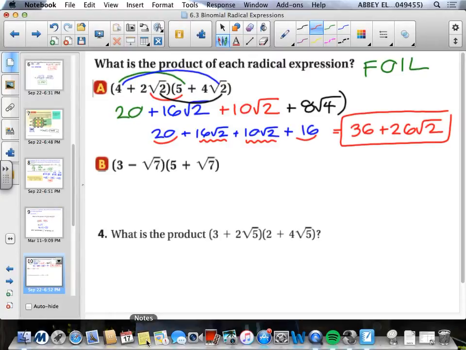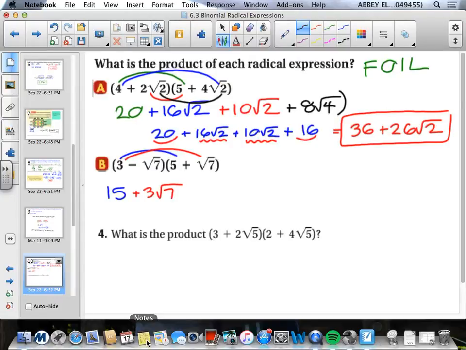Okay, let's look at B here. Keeping my FOIL method in mind, I'm going to multiply 3 times 5, which gives me 15. My outside, 3 times the square root of 7, gives me 3 square roots of 7.